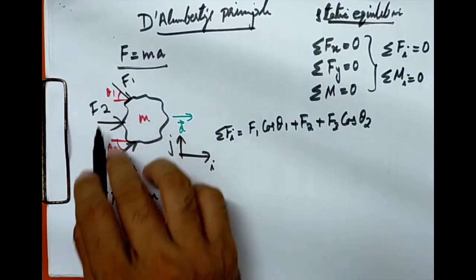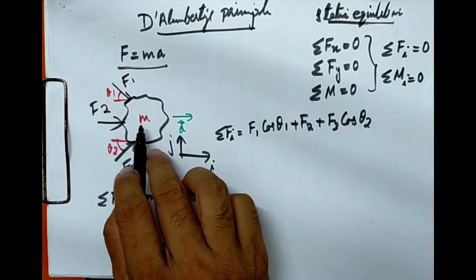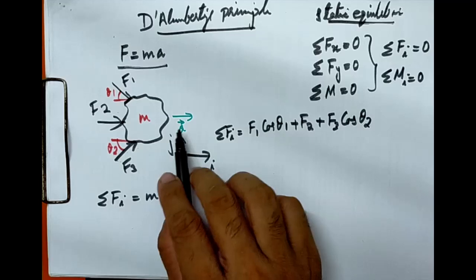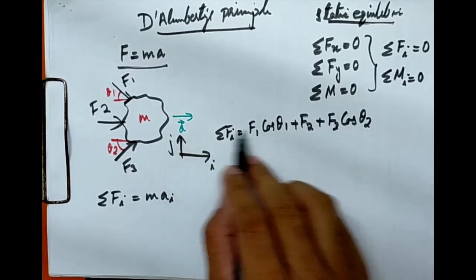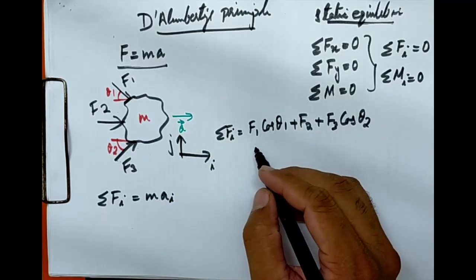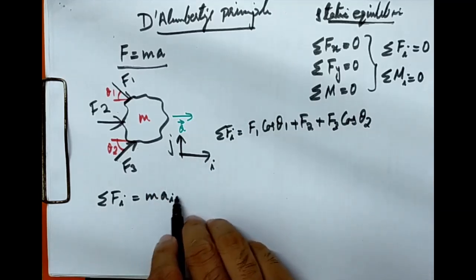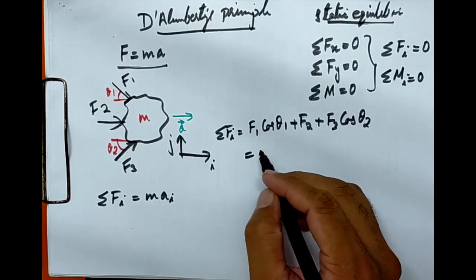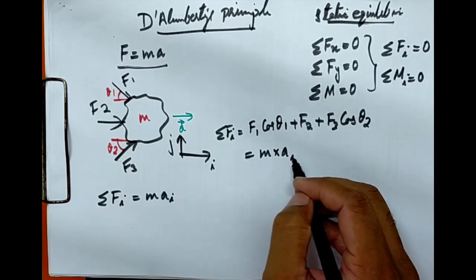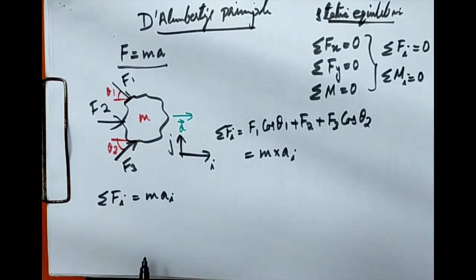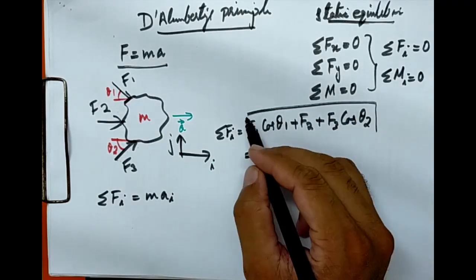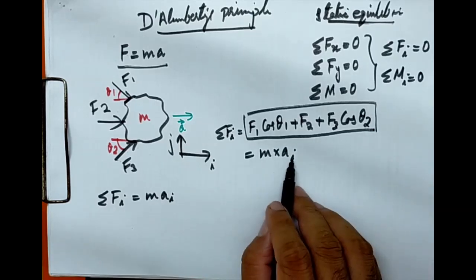Those are the external forces in the i direction acting on the object. And what about the force due to acceleration? a is in this direction, so I'm getting the right hand side of the equation as m times ai. So sigma Fi, which is this component, can be equated to m ai.